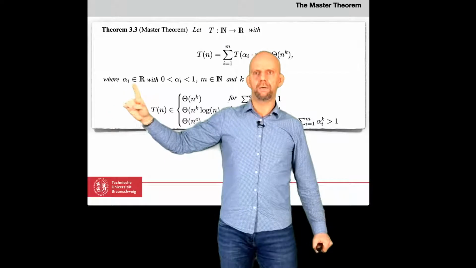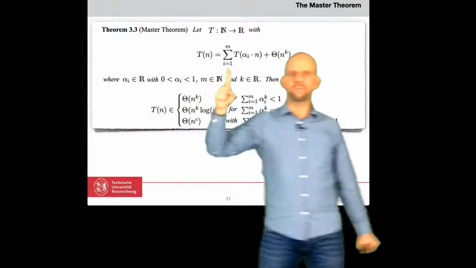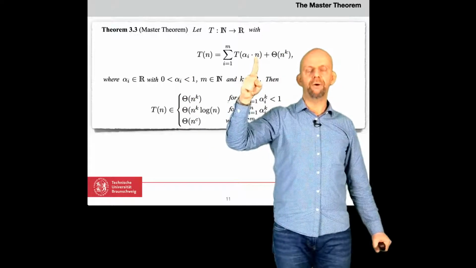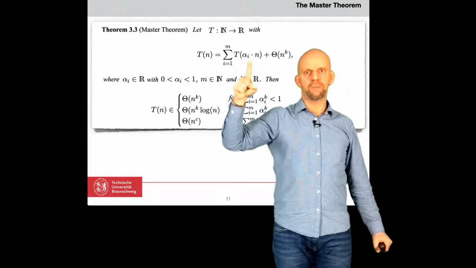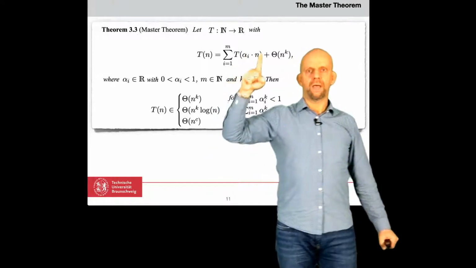Now, these alphas are real numbers between 0 and 1. What does that mean? It means that the n here gets cut down to something less than n, something between 0 and 1. How can this occur?